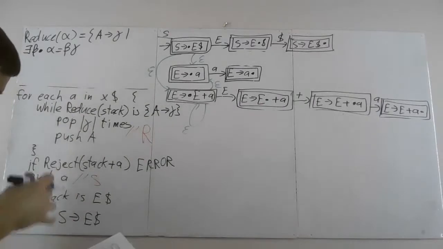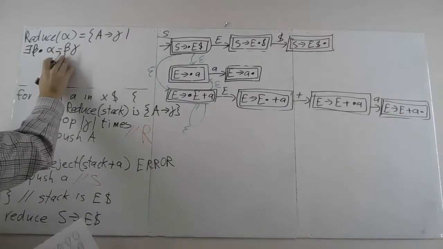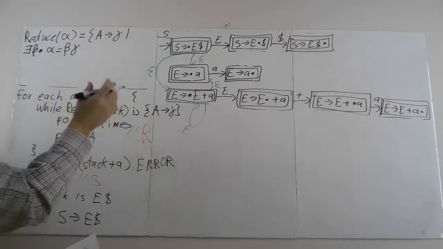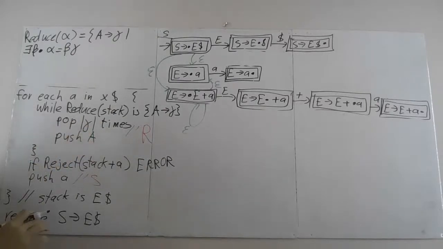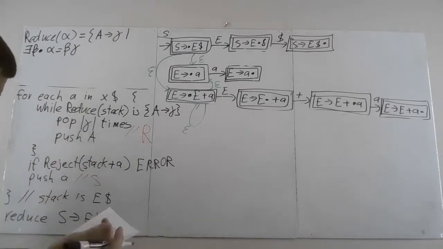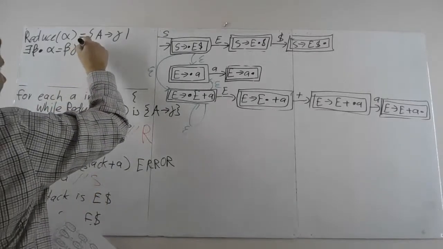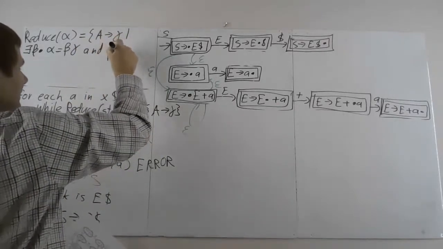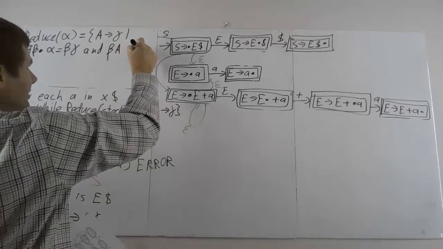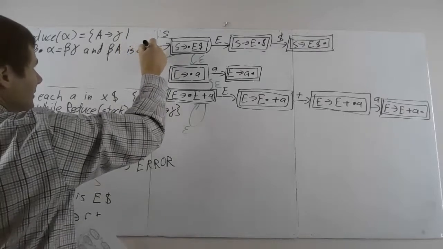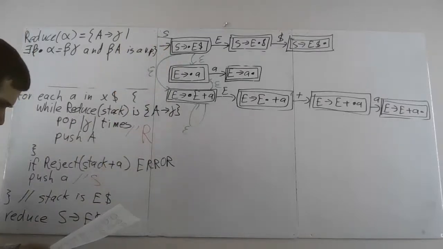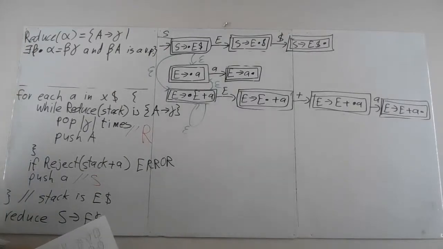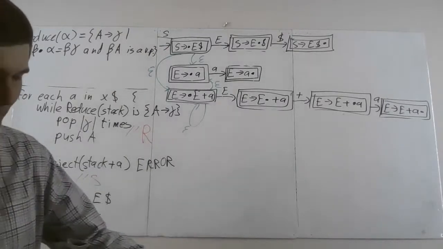So I can split up the stack into something plus gamma, because we're going to pop gamma off the stack. And beta A is a viable prefix.